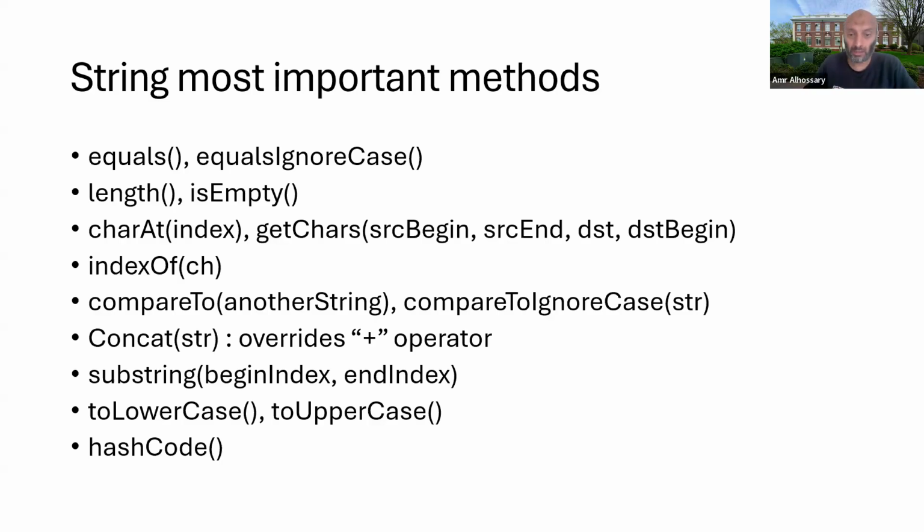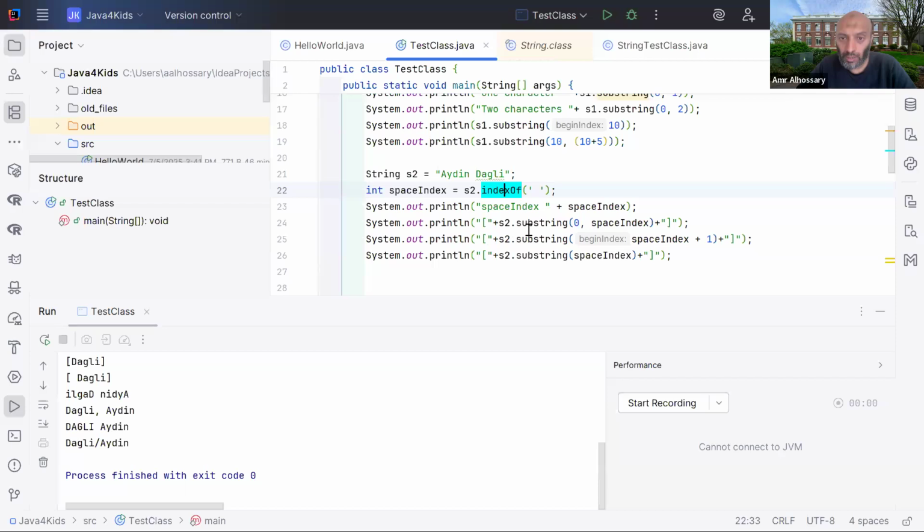However, for simplicity, the Java creators made what we call operator overloading, which is something very unusual in Java. It's very usual in C++, but unusual in Java, to use the operator plus to do the concatenation.